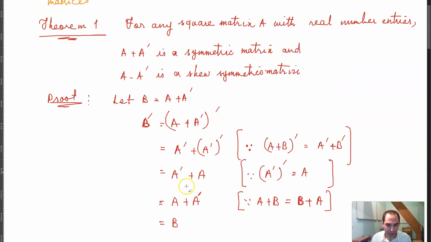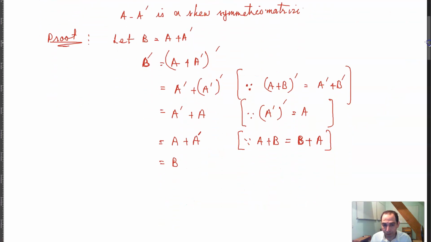Okay, so this proves that A plus A prime is a symmetric matrix, right?